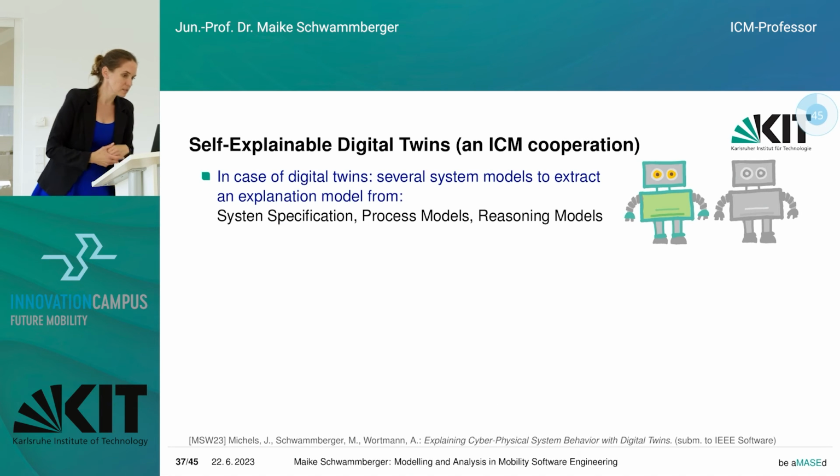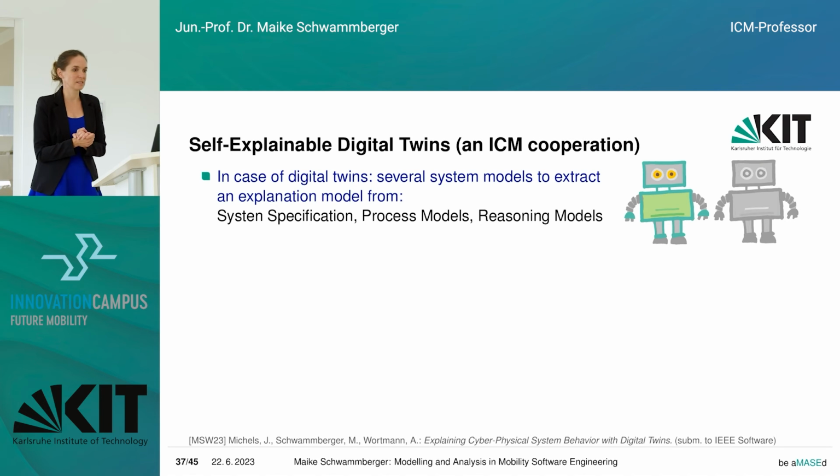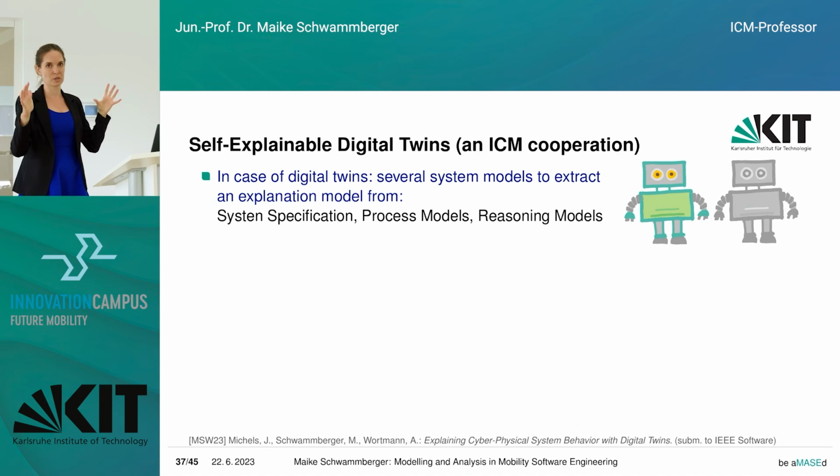A very recent cooperation, actually, this is already something I'm working on with another ICM junior professor. This is Andreas Wortmann from University of Stuttgart, as well as a colleague from RWTH Aachen, Judith Michael. We're working on making digital twins self-explainable, where the idea is we have different system models to explain digital twins.